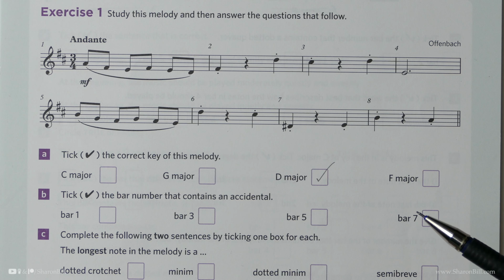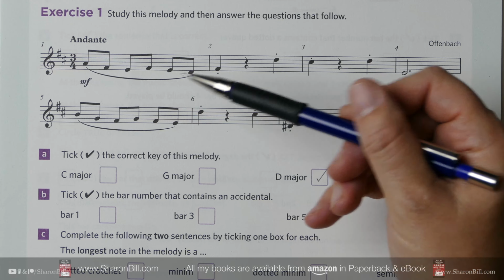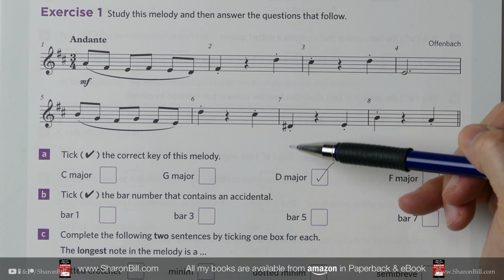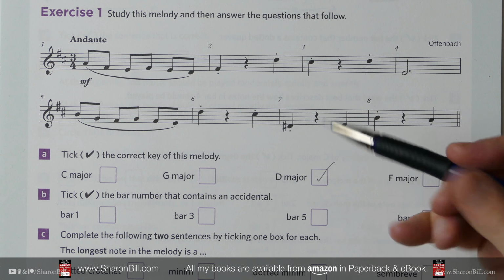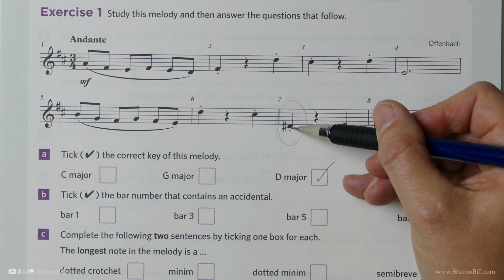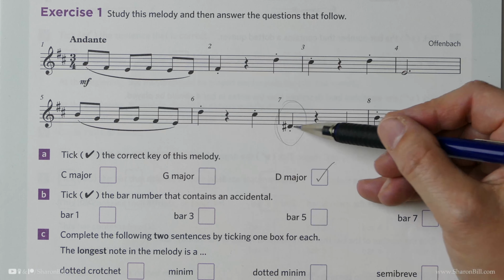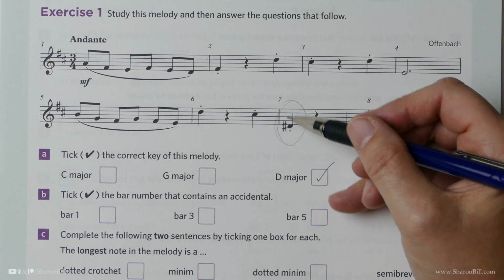So an accidental is a sharp or a flat or a natural sign that doesn't belong to the key signature, that's just added next to a note in addition to what's going on in the major key pattern. And so here we see we have an accidental, we have a D sharp here, bearing in mind we're in the treble clef, which really has no place in the key of D major.